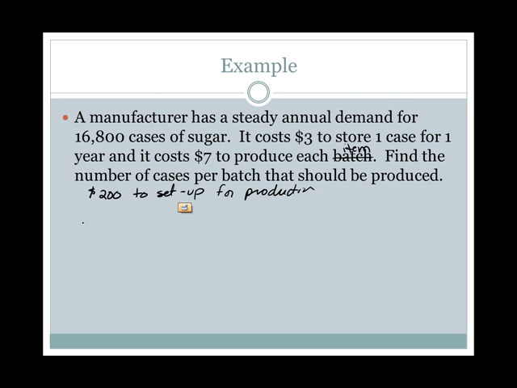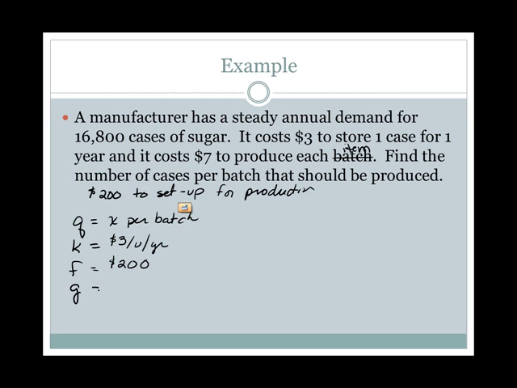So let's identify our variables. Remember, Q is what we're trying to find out, how many we're going to put per batch. K is our storage cost, which is our $3 per unit per year. F is our fixed cost, and that is our setup cost, so that's our 200.